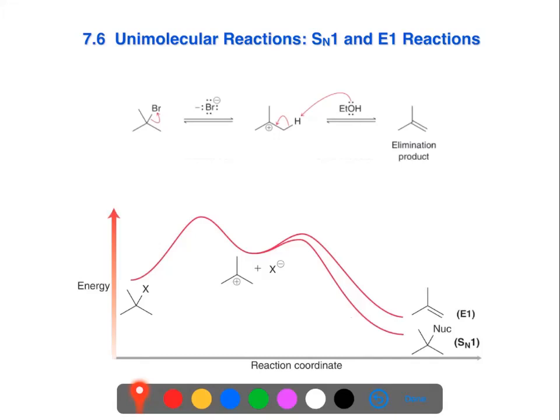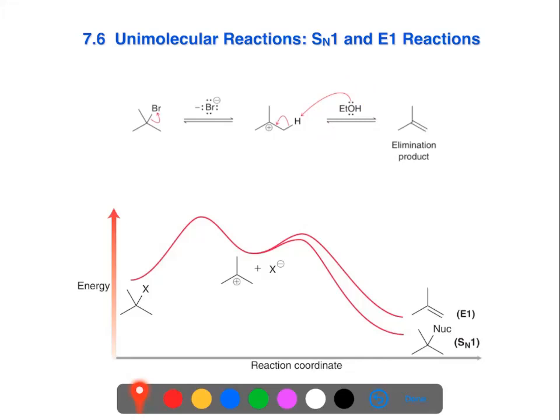Here's an example of that same reaction that we saw earlier, where we have tertiary butyl bromide in the presence of only solvent, ethanol in this example. And you can see that ethanol is being used to deprotonate the carbocation intermediate.